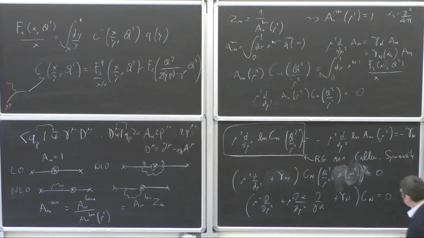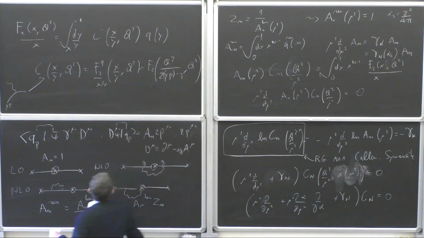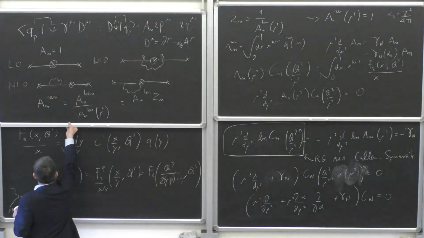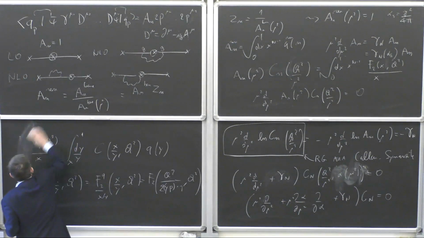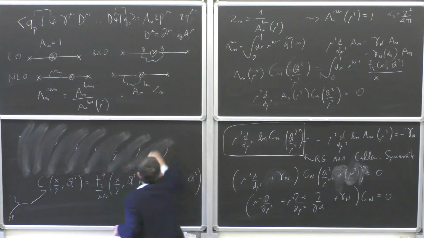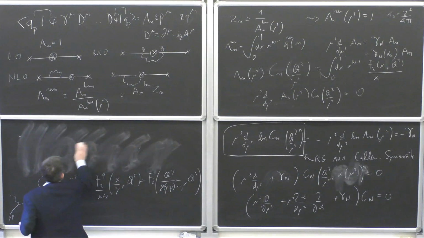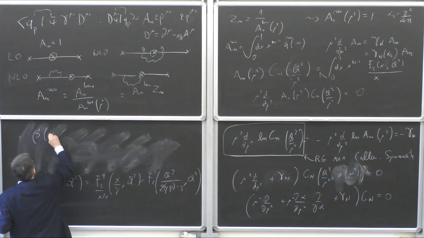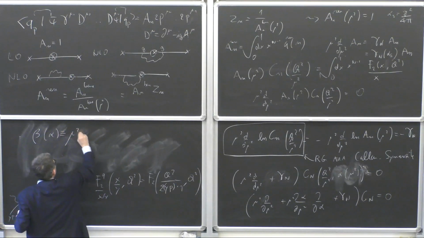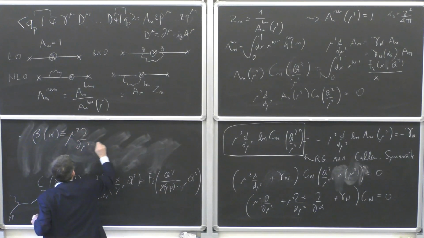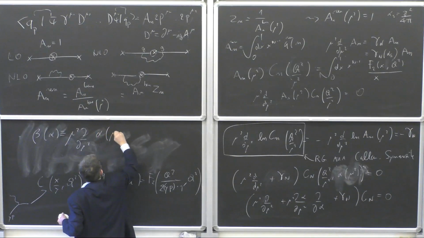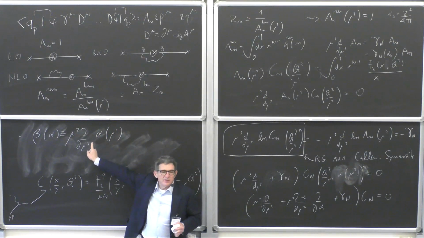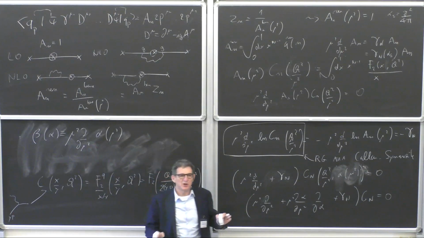And then I define a beta function, which is, by definition, beta of alpha, the log derivative with respect to scale of alpha of mu square. And notice that, first of all, this has to do with the way you renormalize the theory.